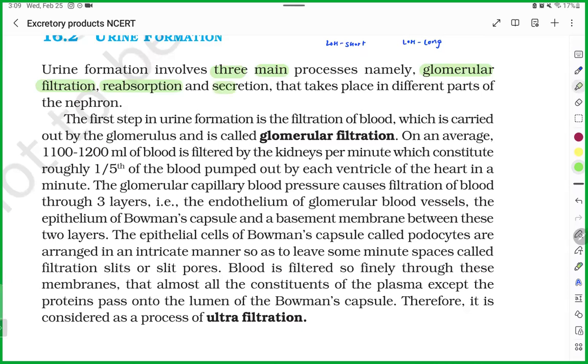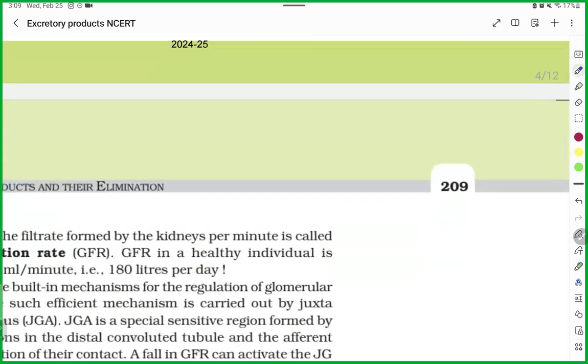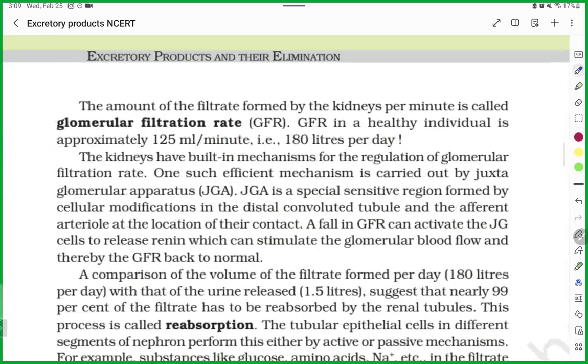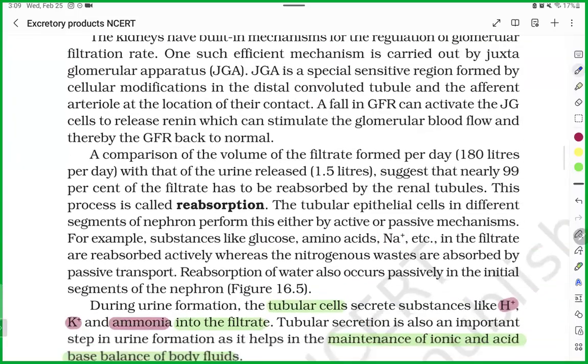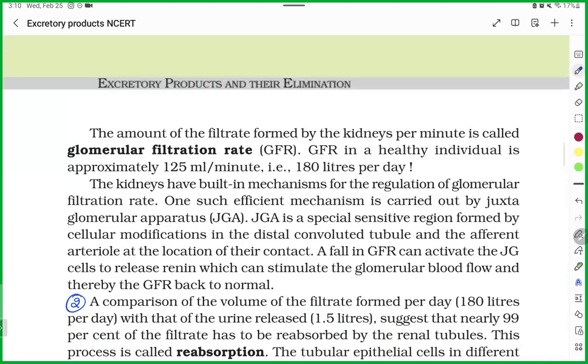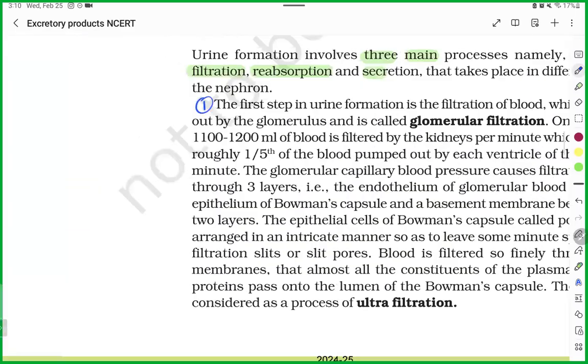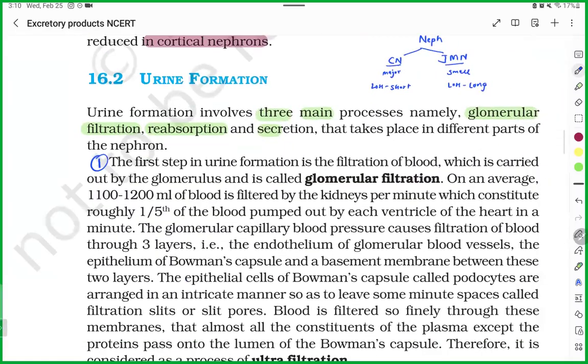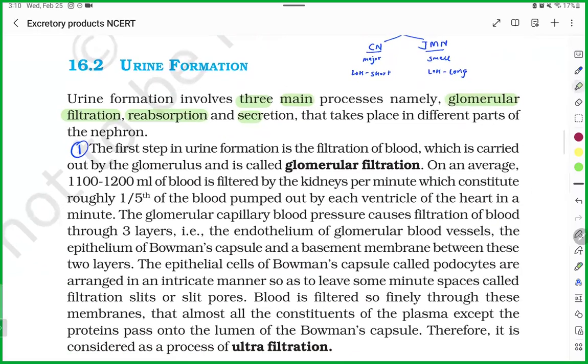So the first step is glomerular filtration, the second step is reabsorption, and the third step is secretion. Blood will enter the nephron in the glomerular region, and the first step is filtration of the blood carried out by the glomerulus.